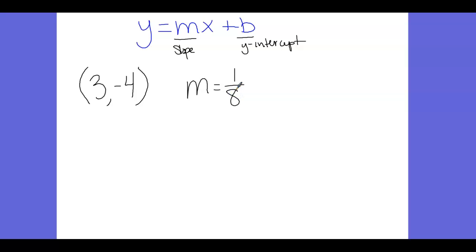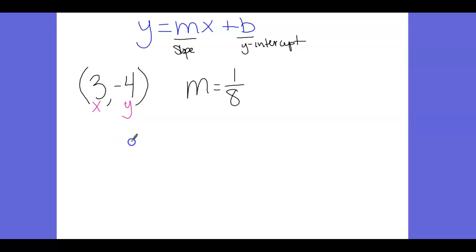So now we have to solve for B in this equation. Am I given a y in this? Yes. Okay, so what is the value of y?